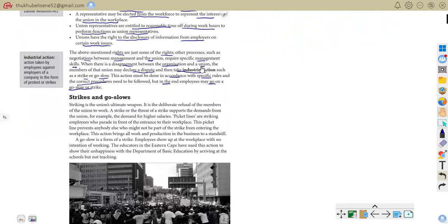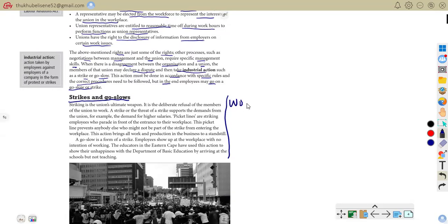Here we are on go slows. This is when there is disagreement between management and the unions, and if they never reach an agreement, it can take us further into strikes and go slows.